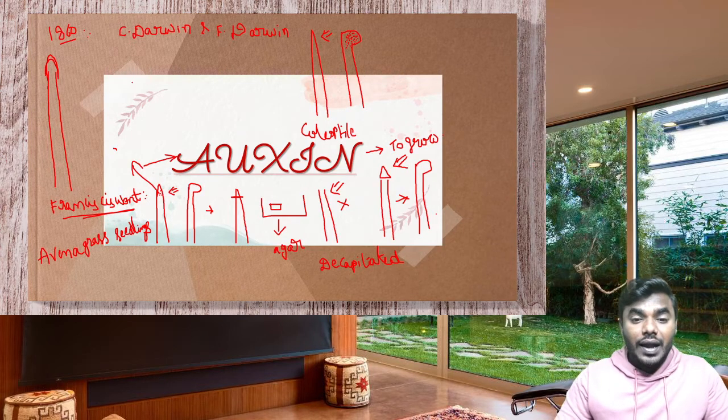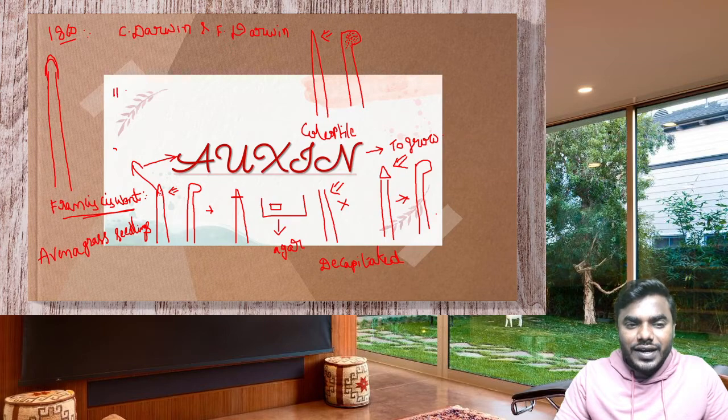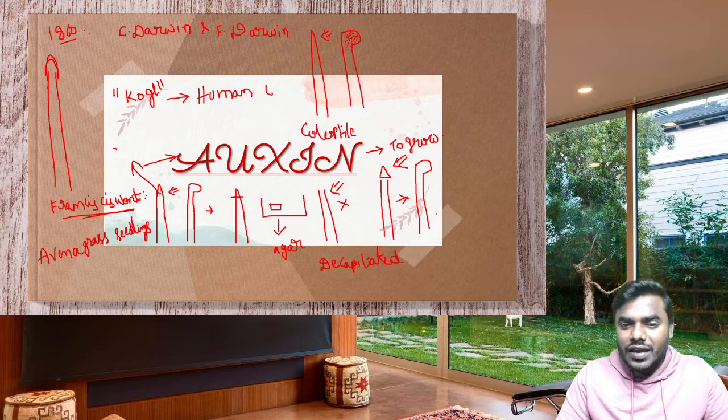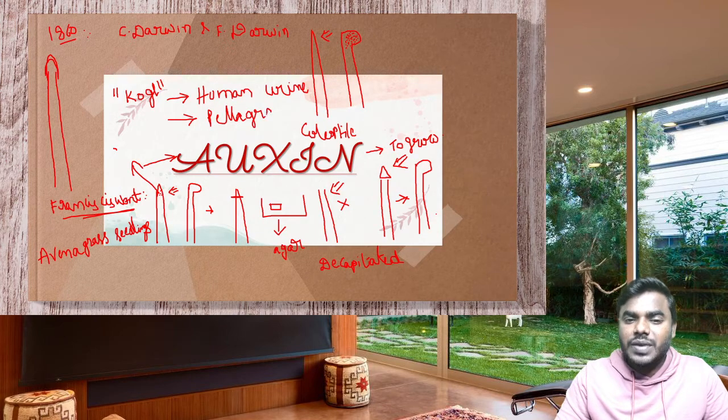Never forget. Later, another scientist named Kogl, you know what he has done? He has isolated auxin from human urine. Even he has isolated auxin from patients suffering from pellagra, meaning patients who are deficient in vitamin niacin.